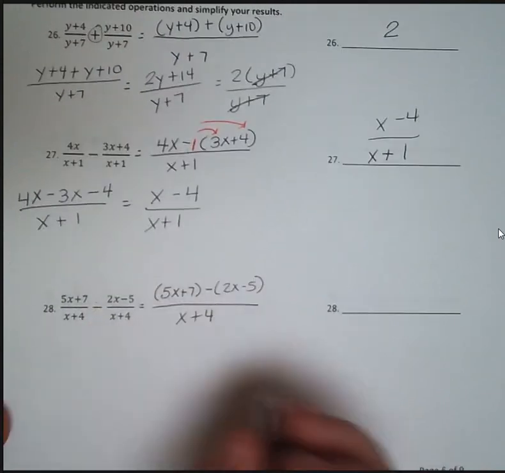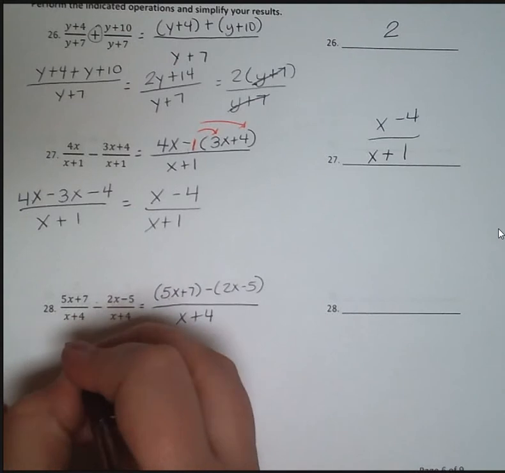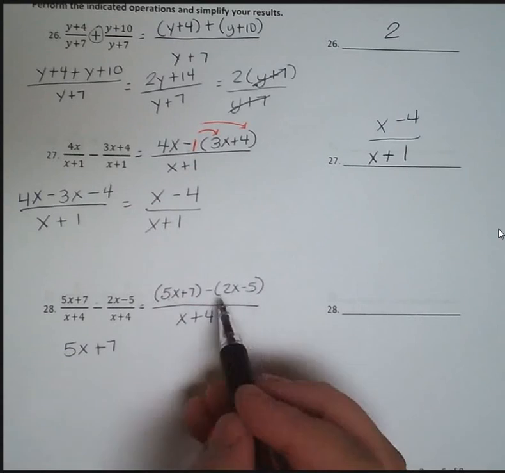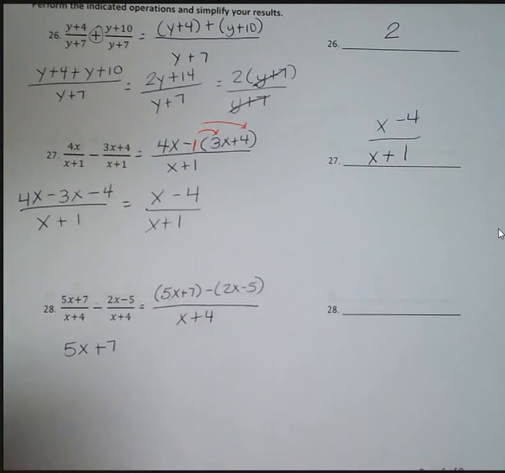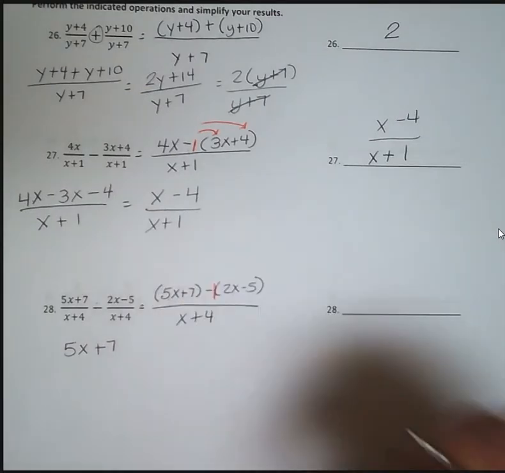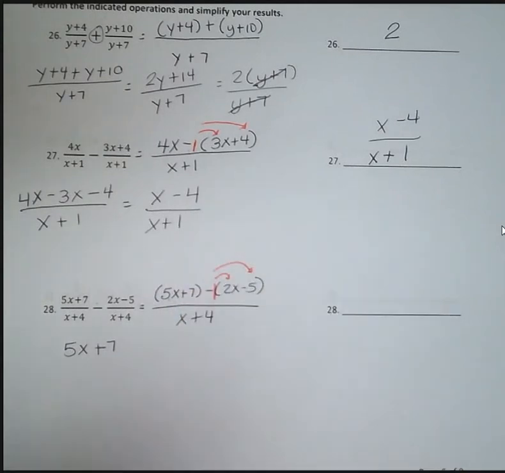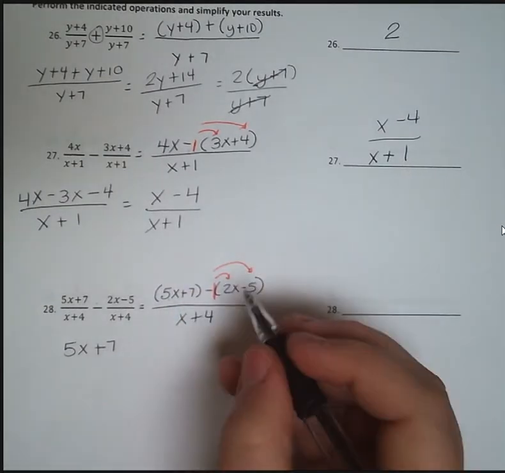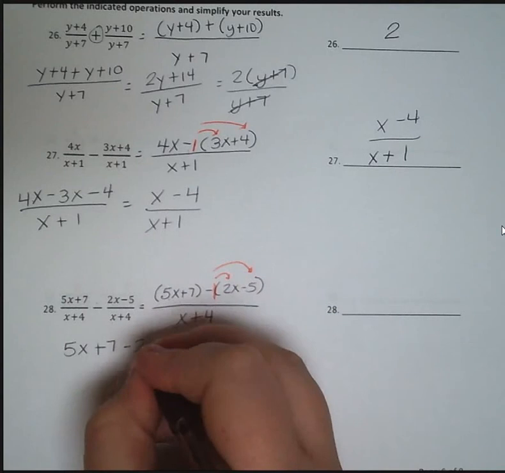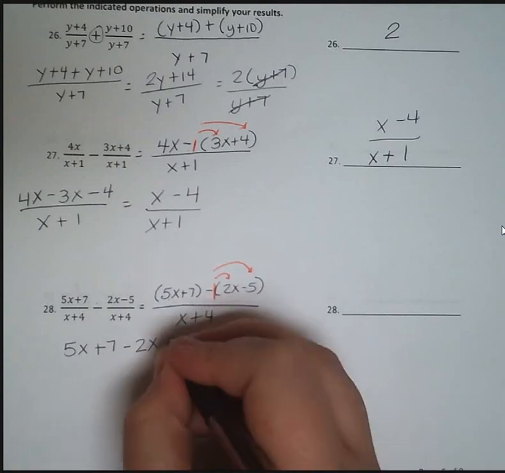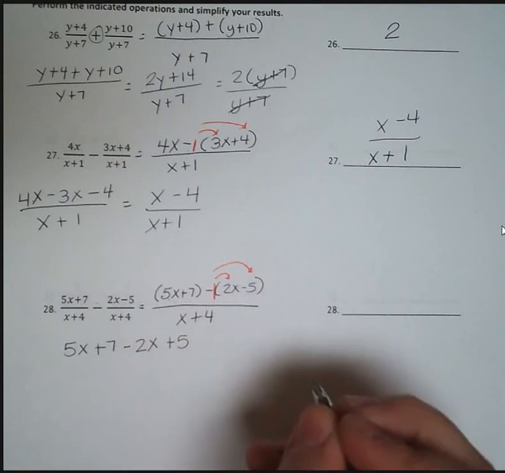So I can go ahead and write 5x plus 7 and release it from those parentheses. Then my 2x minus 5, I can't combine those terms, but there is a -1 multiplying out in front, so I am going to have to distribute that. So negative 1 times 2x is negative 2x. Negative 1 times negative 5 is 5. And that's all over x plus 4.